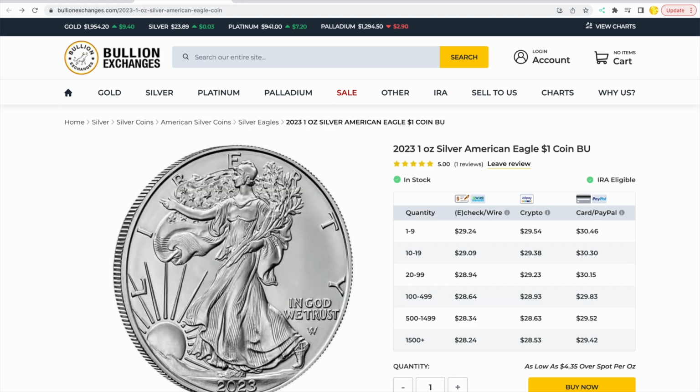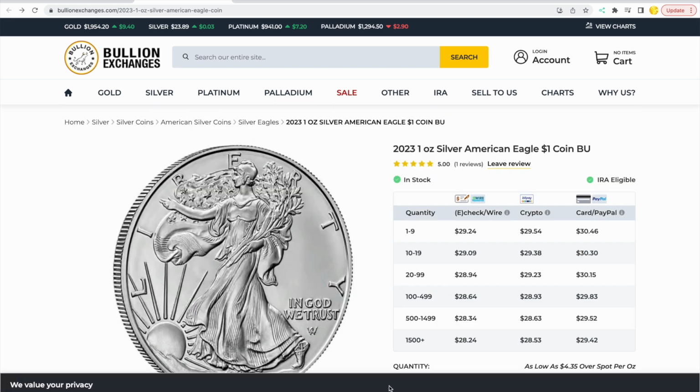So actually, bullion exchanges is cheaper in the larger quantities, but you can get them at 4.50 over at Vermilion, that's 23.70, 27, 28.20. You could buy a tube of 20 at 28.20 over at Vermilion. Give him a ring if you haven't used him before, and he applies Florida sales tax rules.